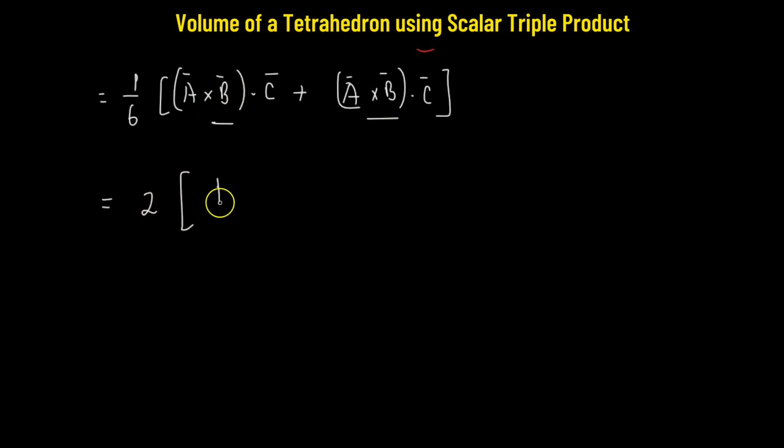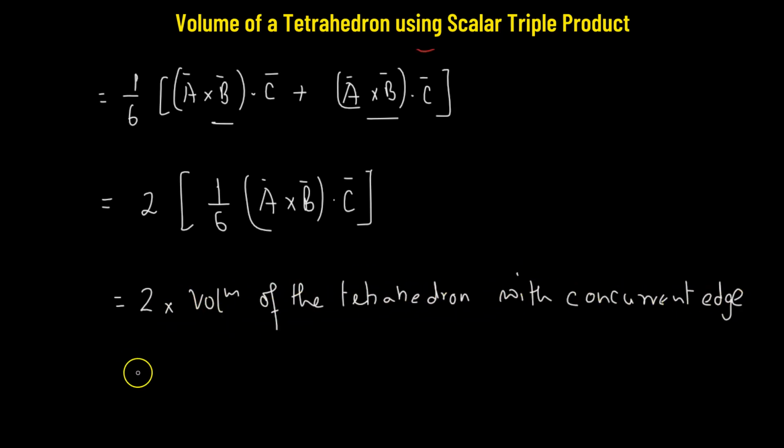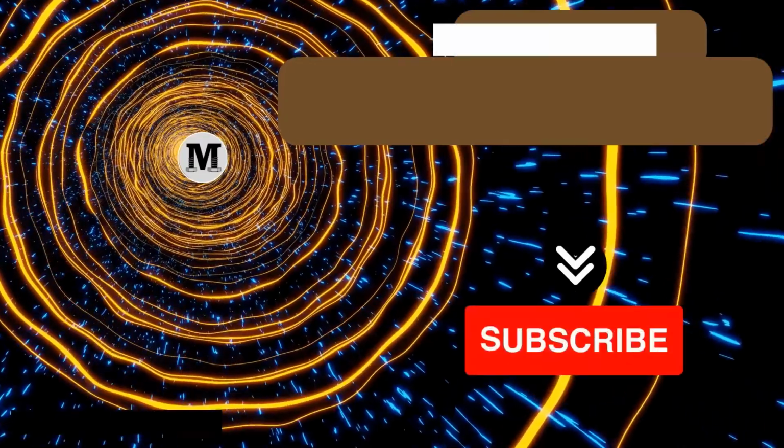So we have 2 times 1/6 of a cross b dotted with c, and this is 2 times the volume of the tetrahedron with concurrent edges given by vectors a, b and c. So this is what we were asked to prove.